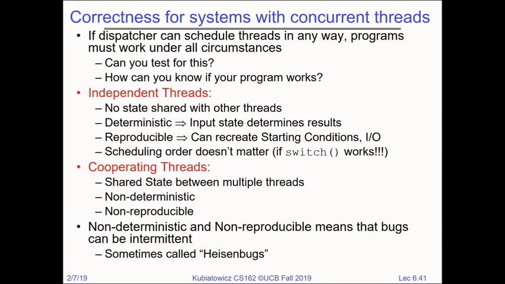Heisenbugs, right? Heisenbugs are the bugs you get when you see a bug, so you put printfs in to start finding the bug, and the bug goes away. The mere act of measuring the bug causes it to go away. Then you remove the printfs, and it comes back. So what do you do? You ship with the printfs, right?